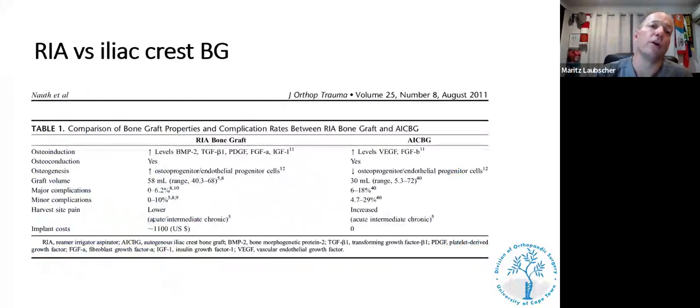And there are also some comparative studies, as you can see here, showing higher levels of important proteins like BMPs, better osteoconduction, and also more living cells in the RIA bone compared to iliac crest bone graft.